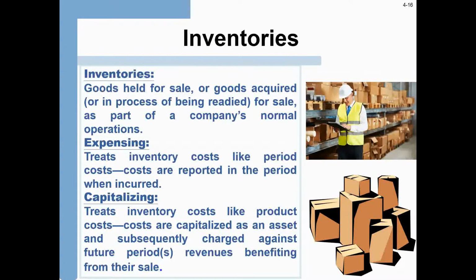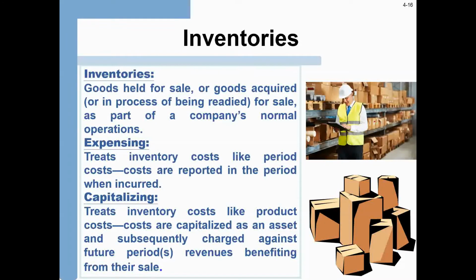So these need to be expensed out, and we know that when we need to expense them out, we have to write them in the income statement. So you can see in this slide, expensing treats inventory cost like a period cost. Costs are reported in the period when they are incurred.